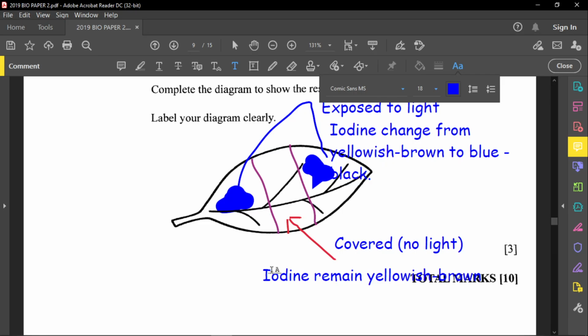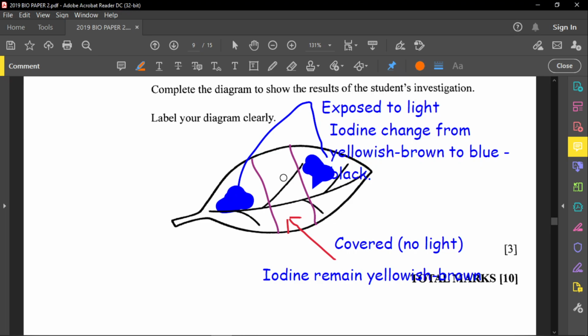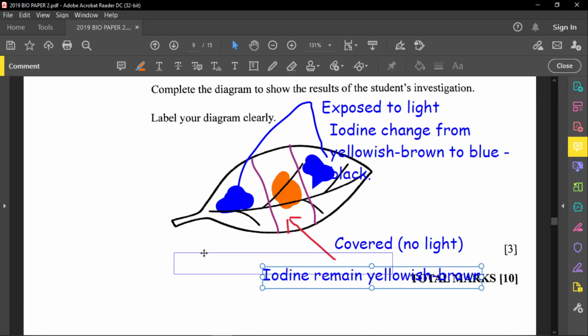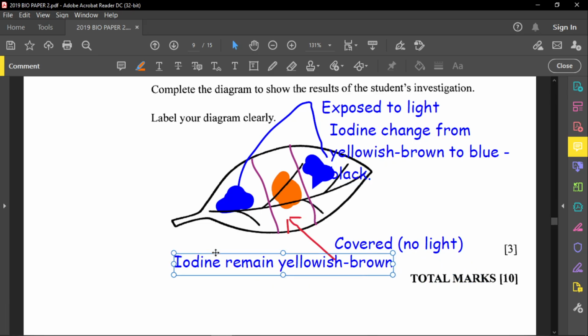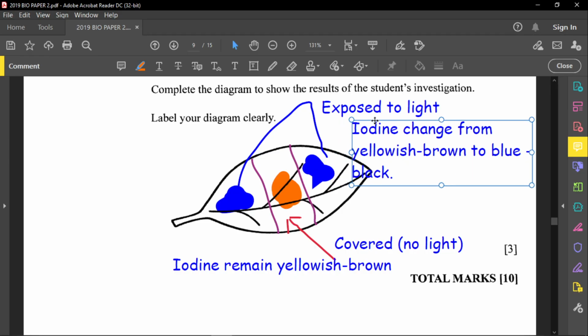What color you'll see here is pretty much that yellowish brown color of iodine. So I'm going to put it right here. It'll be like that type of color. So those are the color changes you'll see in the leaf, depending on whether light is present or not. Again, the shaded part, no photosynthesis, iodine will not change. The parts that are exposed to light will change, and you will see your blue-black color.